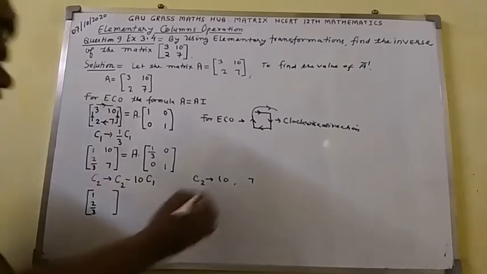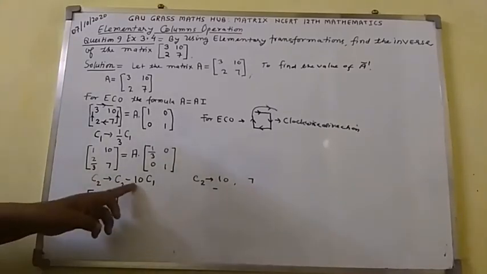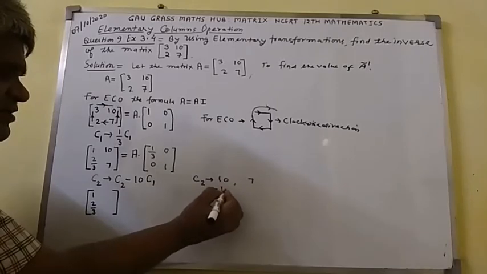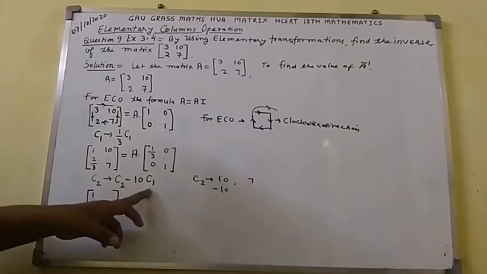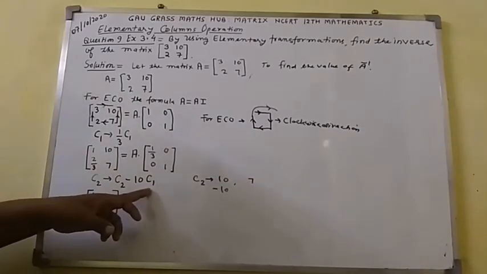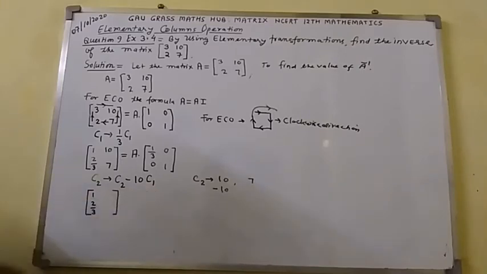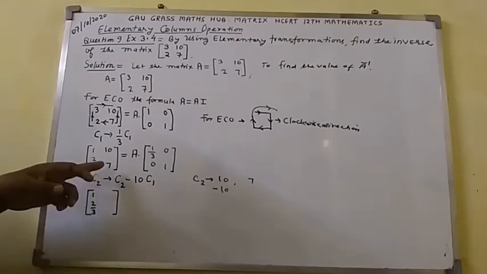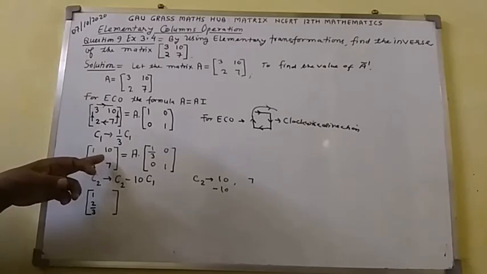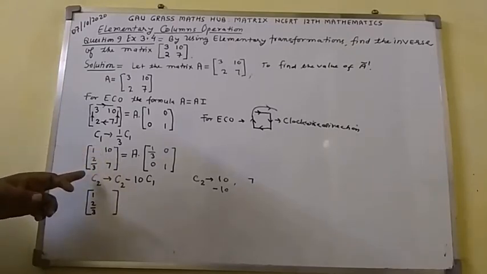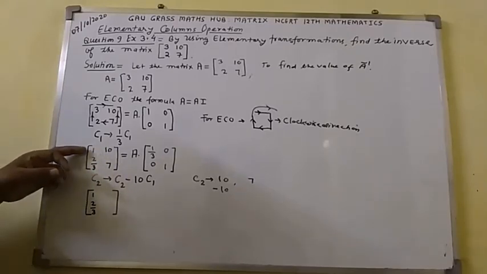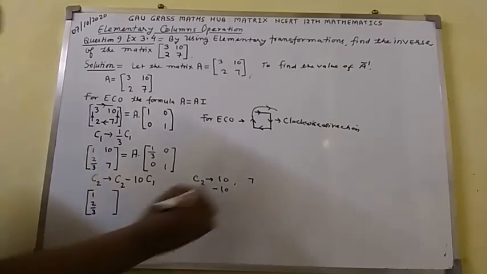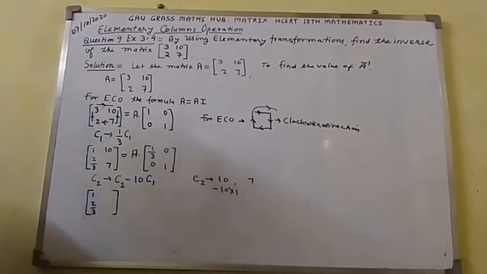C2 minus, here I shall write minus 10. The value of C1 will be taken from this place. The respective element of 10 will be 1. The value of C1 will be 1, taken here. So here I shall write into 1.